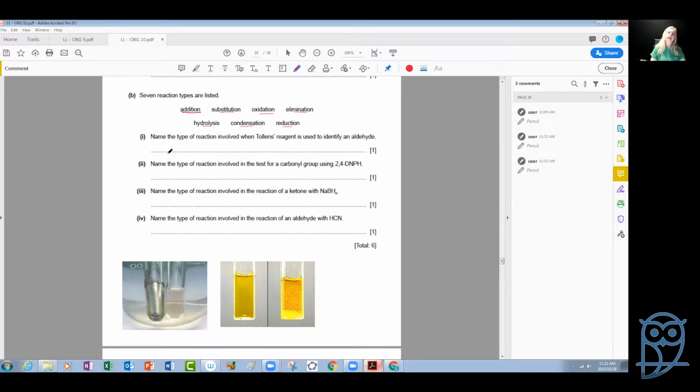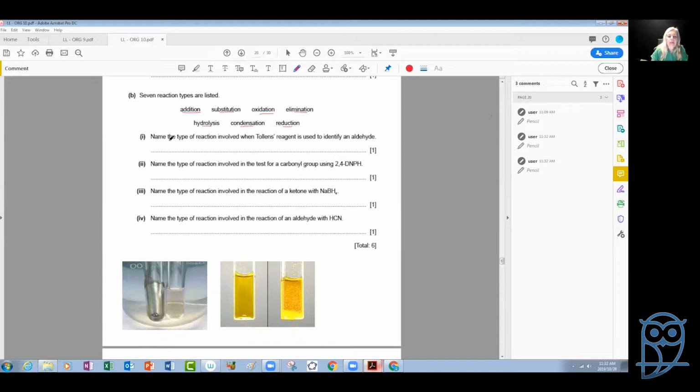Now, name the type of reaction involved when Tollens reagent is used to identify an aldehyde. In fact, these 4 parts here concern all the tests that are involved to identify aldehydes and ketones and their oxidation and reduction reactions.